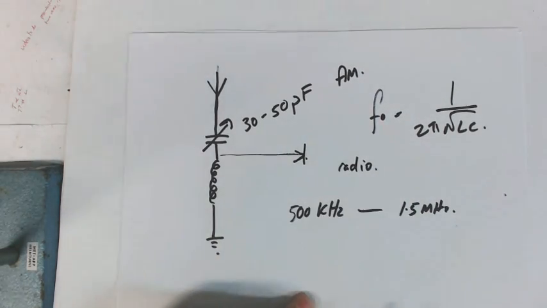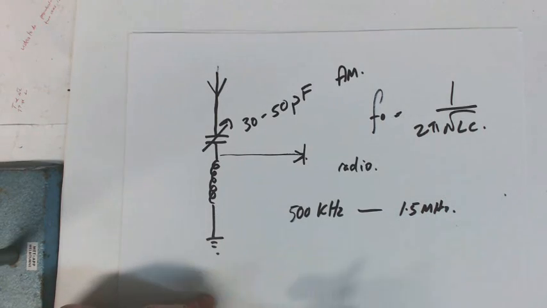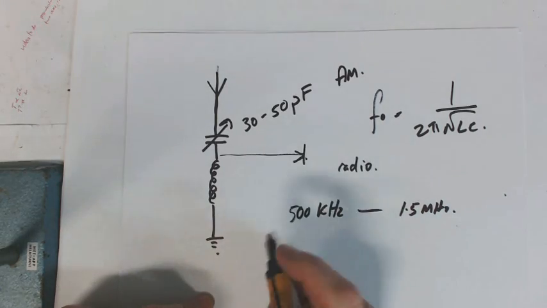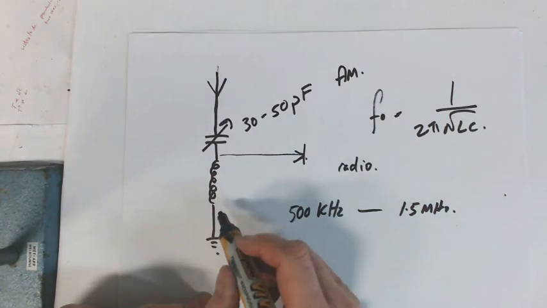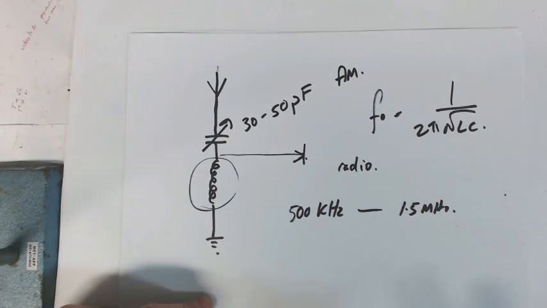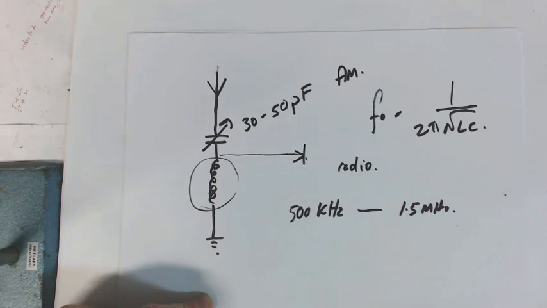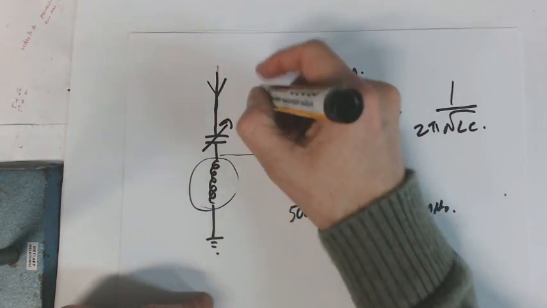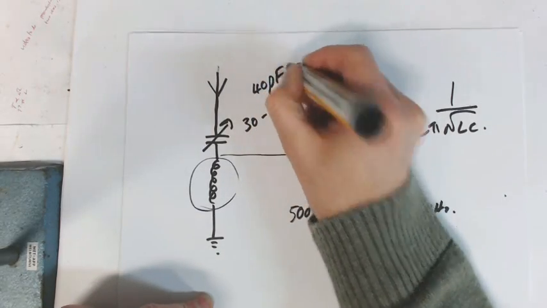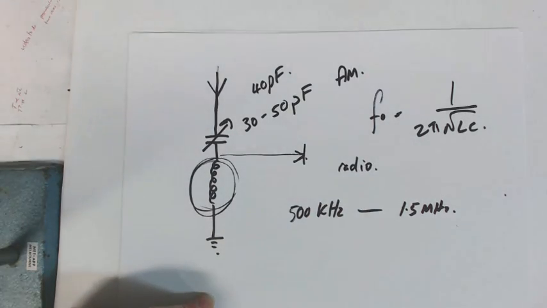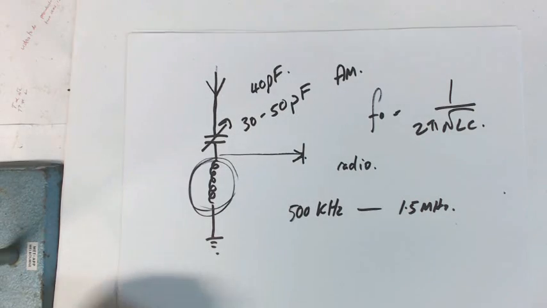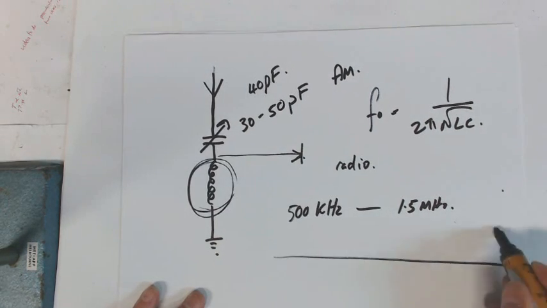And they would ask you, if your little inductor has how many henries, what will that do? So if we were round about 40 picofarads, we could work out approximately what size our inductor would have to be to give us an f0 of around about 1 megahertz. So it's a tuned circuit for radios.